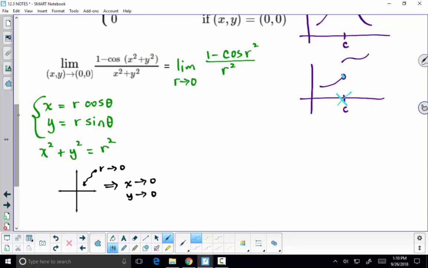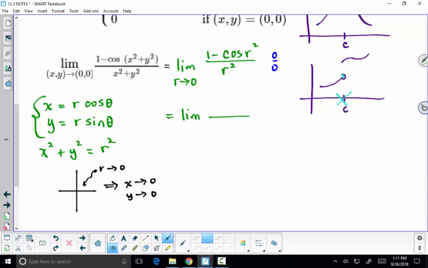So in the one case where the limit is at the origin, we can convert to polar with these equations. And then we can use L'Hopital's rule if we need to, because L'Hopital's rule only works with one-variable limits, one-variable calculus. So right now we have an indeterminate form, 0 on top, 0 on bottom. The limit of an indeterminate form can be evaluated by taking the limit of the quotient of derivatives.